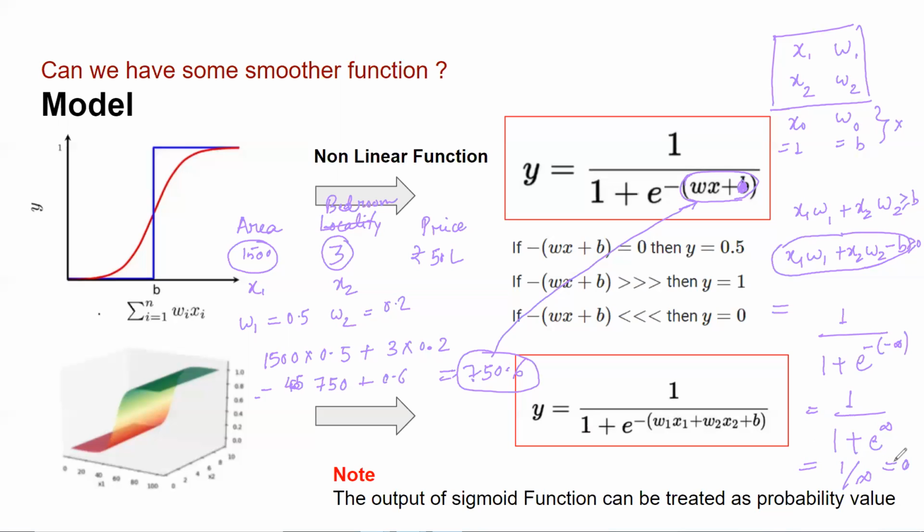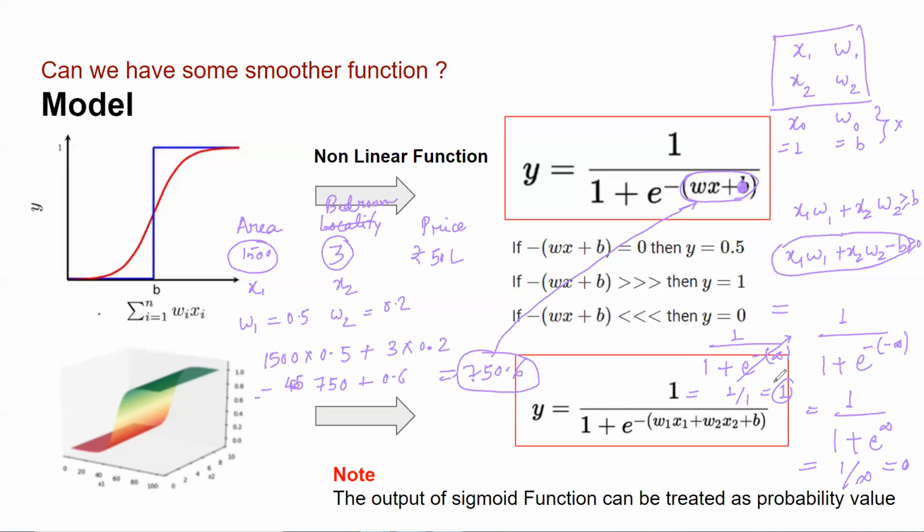So for the extreme lowest value, it is giving a value of 0. Now think of the highest value. What can be the highest value? Plus infinity. If I put plus infinity here, e raised to minus infinity is almost 0, so 1 upon 1 plus 0 is equal to 1.